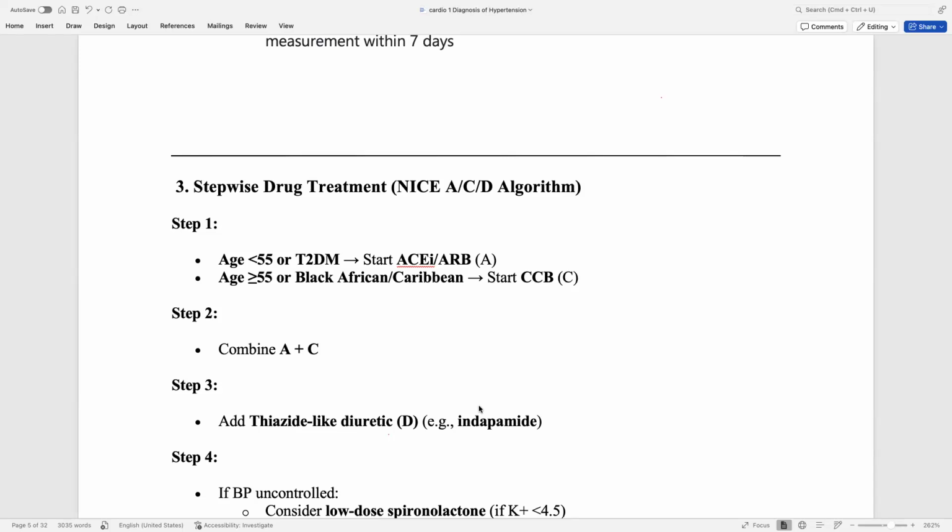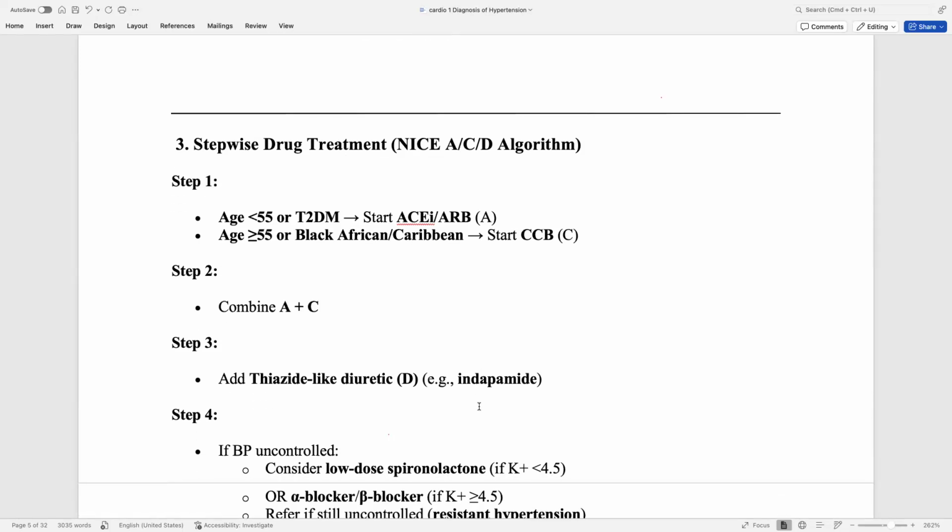For above 55 or black, whatever their age, even if they are young, calcium channel blockers. Whether we start with ACE inhibitor or calcium channel blocker, if the patient is not controlled, we will give the other.